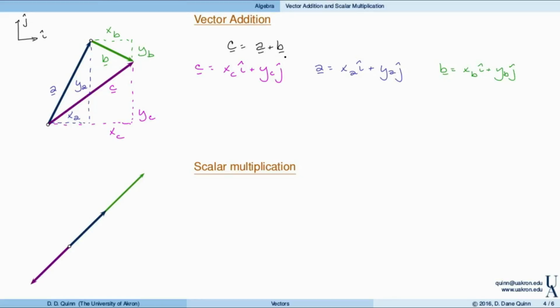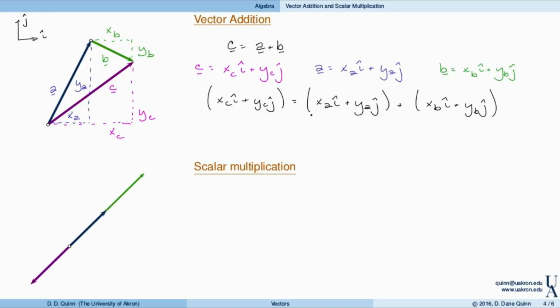So now looking at this law of vector addition, xc in the i direction plus yc in the j direction is xa in the i direction, ya in the j direction, plus xb in the i direction, yb in the j direction.